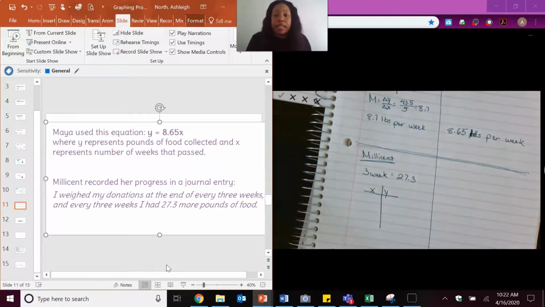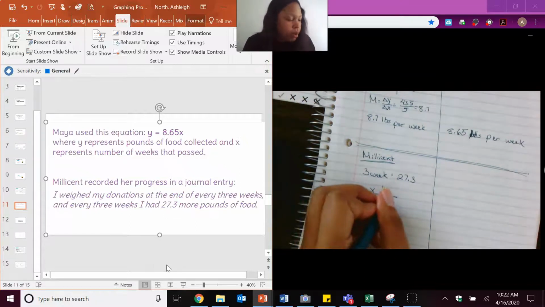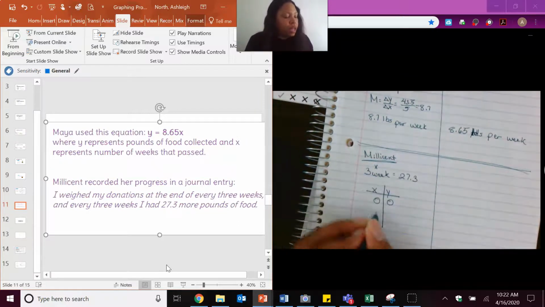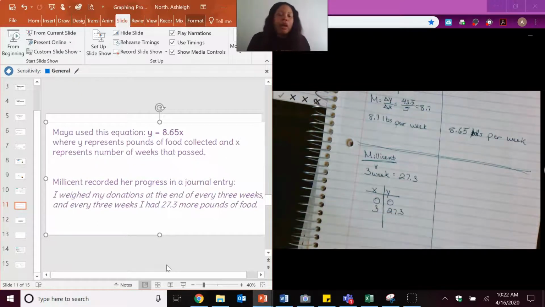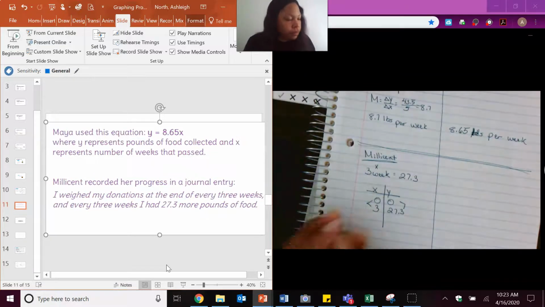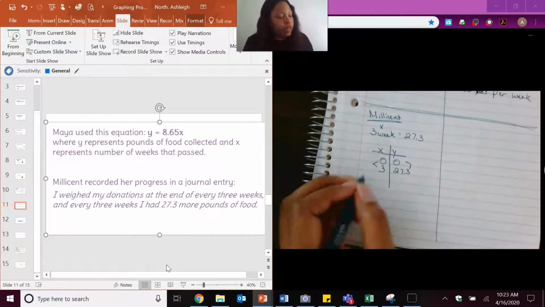So that's literally saying at 0 weeks, I collected nothing. So 0, 0. But at week 3, remember weeks is your X. At week 3, I had 27.3. And that pattern would have kept going. Because it said I had 27 more pounds every 3 weeks. So I'm going to do the exact same thing I did for Max. I'm going to move that up a little bit.